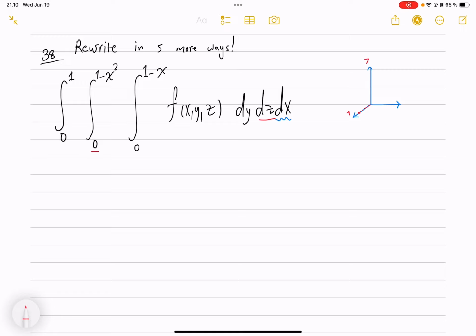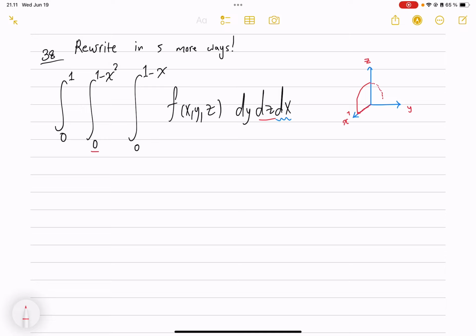So we're looking at first the projection onto the xz plane. 1 minus x squared is a parabola, of course, in this plane, and we don't care about that other side because x is limited to here.